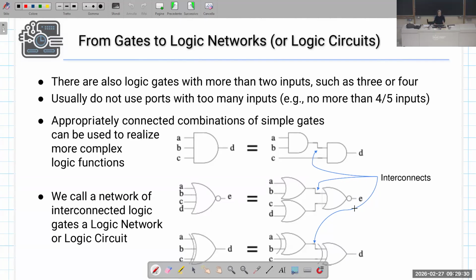These are combinational systems. Otherwise, we have systems which involve both combinational functions and sequential ones. Okay? These are called logic networks, networks obtained by the interconnection of elementary digital gates. Is that clear?